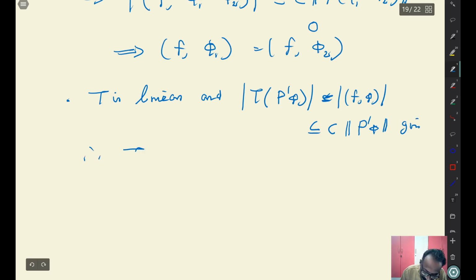Therefore, T from W to C is a bounded linear functional, with respect to L2 now.